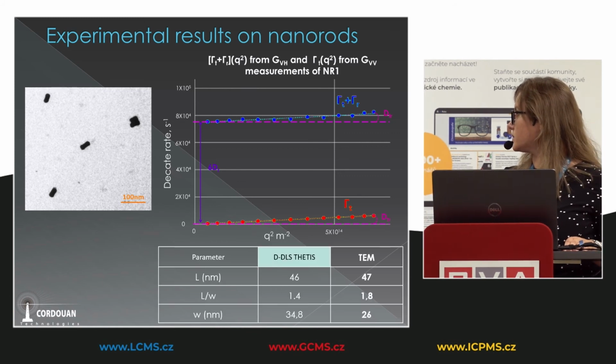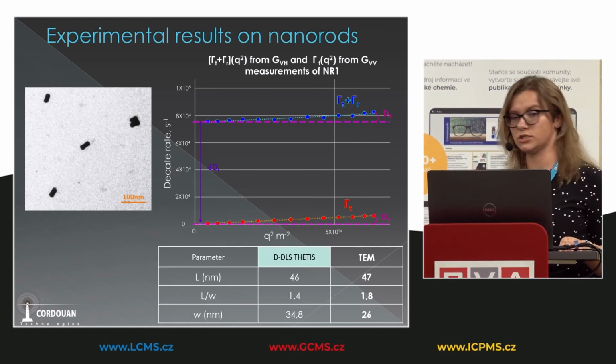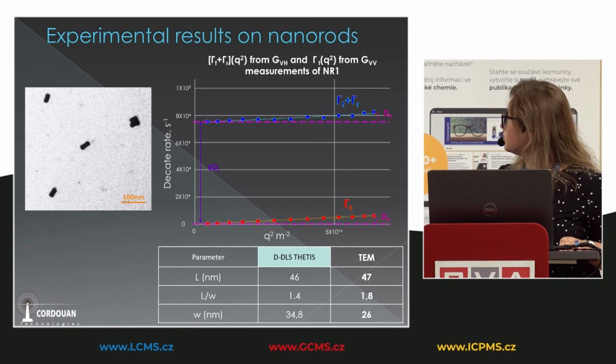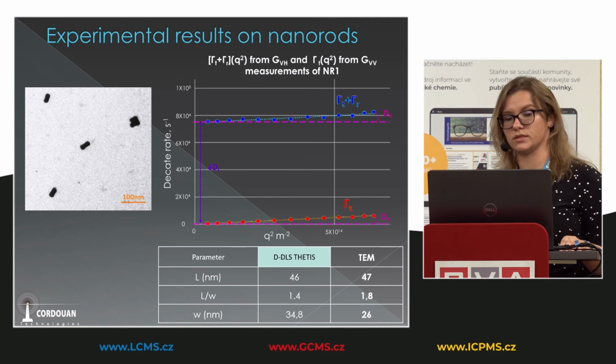And we compared these results with the TEM observation made in our laboratory, and as you can see, it's quite similar to the one which we obtained with our device. So it really can give you information about your nanoparticle.